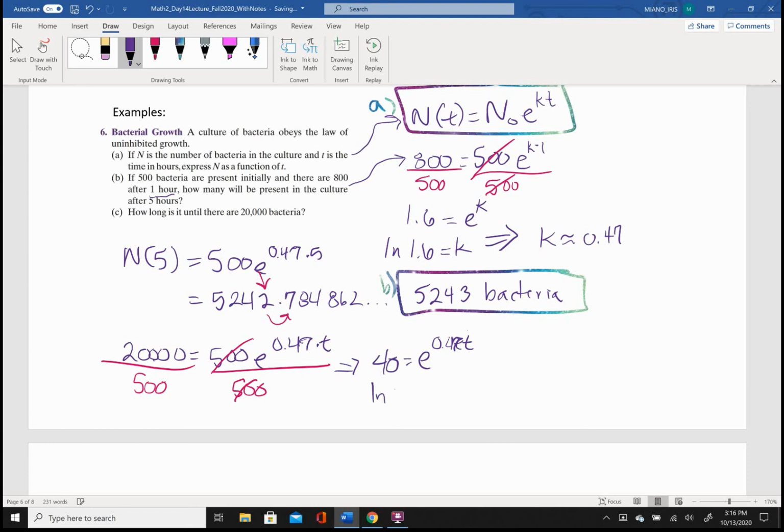So natural log of 40 divided by 0.47 will give you your t value, which is approximately 7.85. Okay, so you get some long number, but rounding it to the nearest hundredth is customary for units of time. And the units here specifically are hours. Okay, great. Whew, so that was part C.